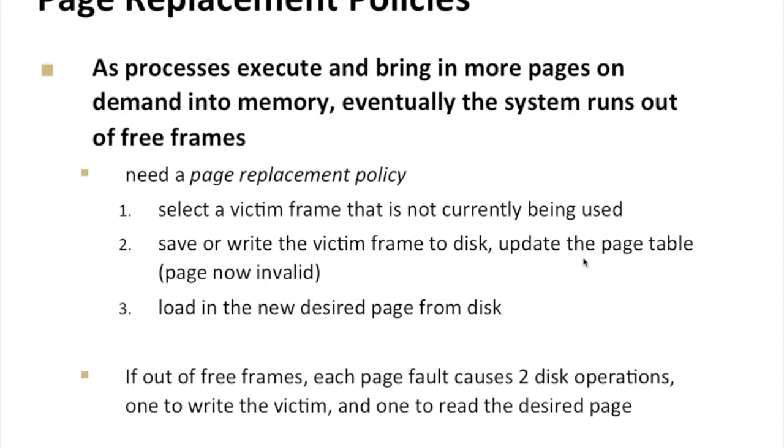But you might notice that any time we have a page fault, we're going to end up with 2 disk operations, not just one. We have to write the current data to the disk, and then we have to bring the new page off the disk into memory.